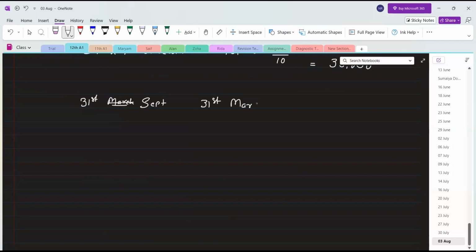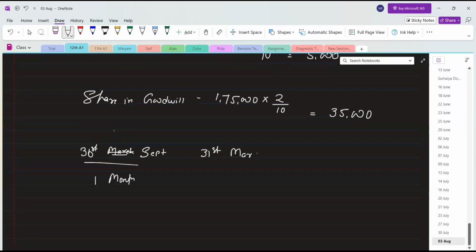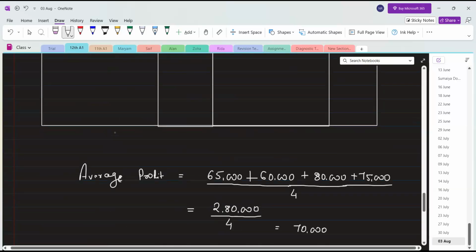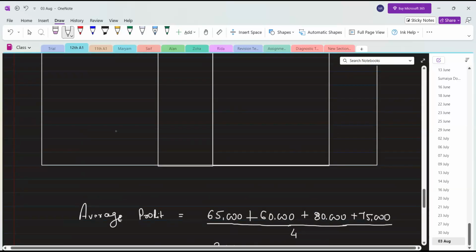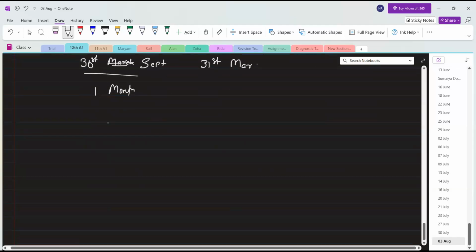If the year starts from 1st April to 31st March, then the first half year will be complete on 30th September, and the second half year will complete on 31st March. If we pay on this date, there is only 1 month time, because he died on 1st August. Then 2 months time here, and then 6 months time after that.